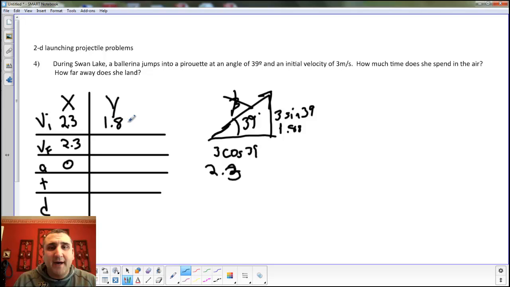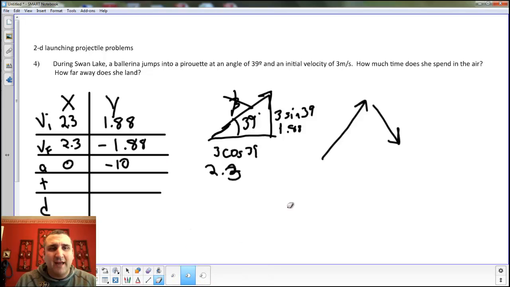Now I want to know how much time we spend in the air. If she goes up with 1.88, she's also going to come back down with 1.88. So we're going to say -1.88 is her final velocity. That's actually not entirely accurate because we're going straight up and then straight down with 1.88.